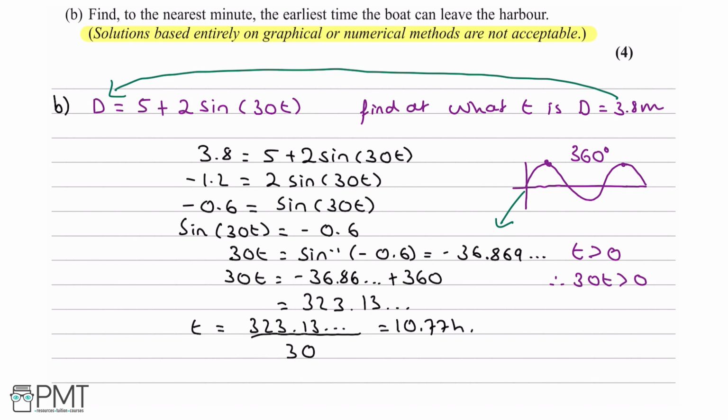10.77 hours. Now, we're looking for a time, which means we need minutes with our answer. So what we do is we take away 10 hours from our time. So we have 10 hours and 0.77 times 60 minutes.